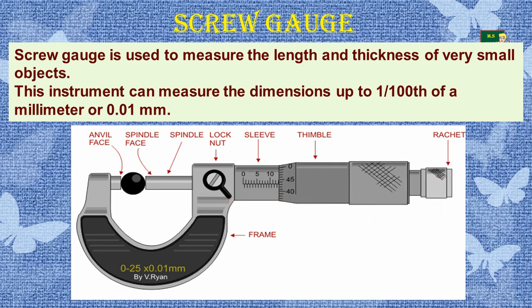This is the working of the screw gauge. Can you imagine this? Using this, we can find the thickness of a thin metallic plate or thin wire and so on.